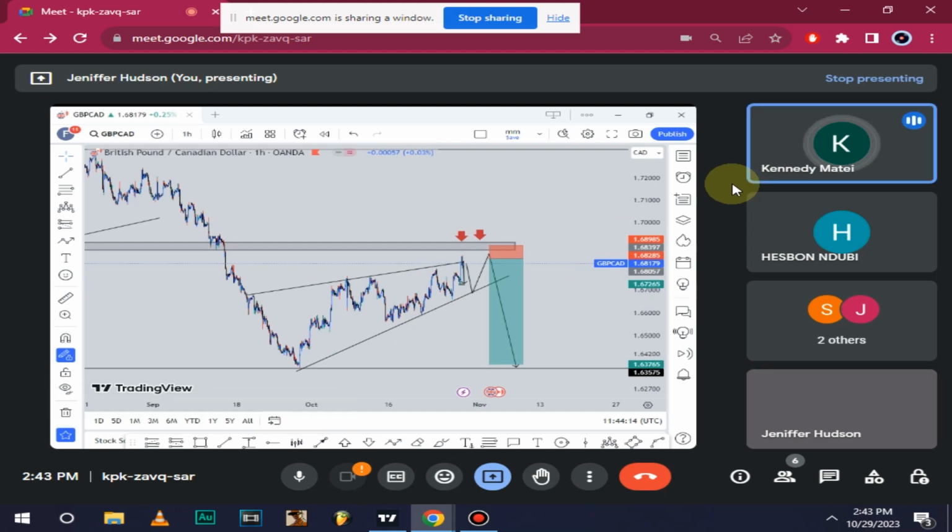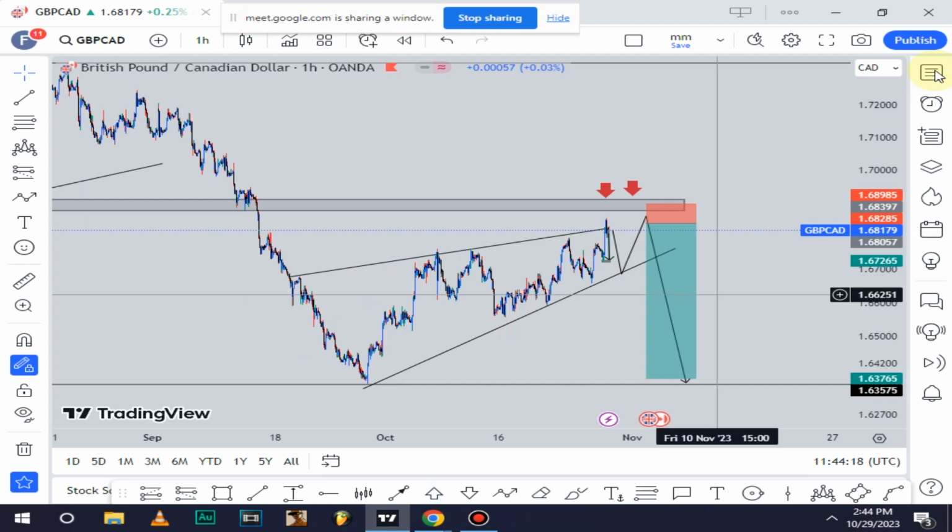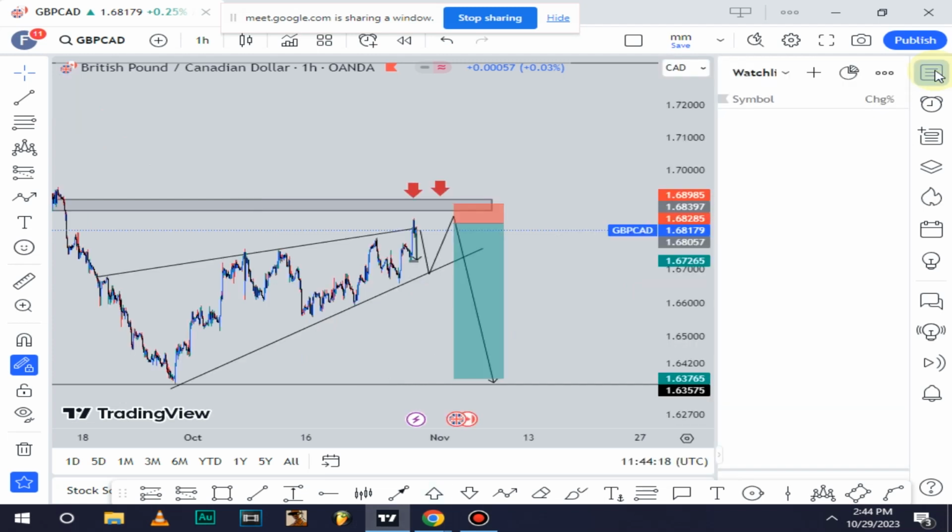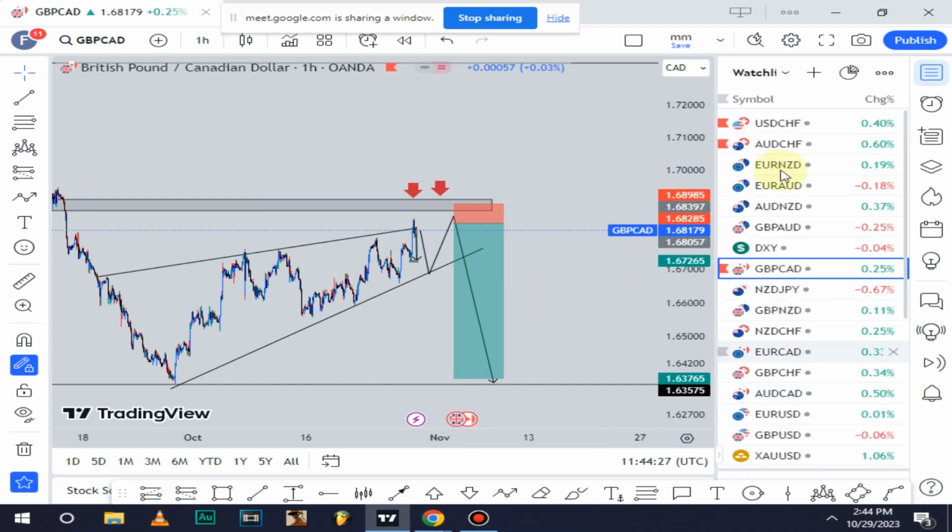Euro card? Euro card. So if we have GBP card, I believe Euro card should also do the same. Let me just confirm. So now we have two. Euro card.